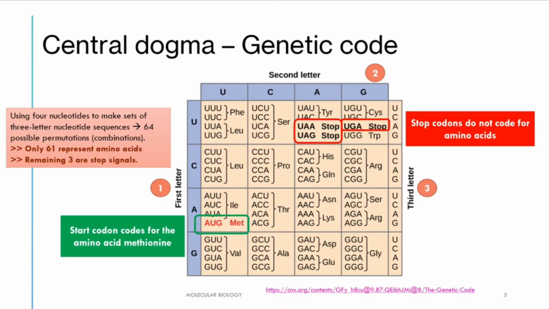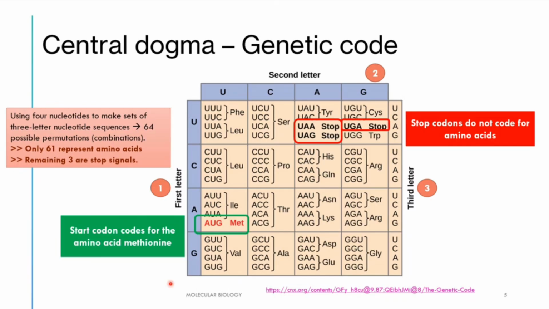So how do you read this genetic code? For example, if I want to know which amino acid corresponds to the codon CUG, I'm going to start with the first letter, which is C, and I'm going to switch over to the laser pointer.